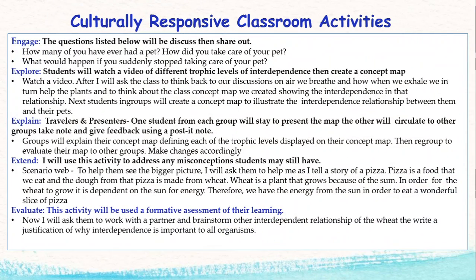Culturally responsive classroom activities are as follows. Engage: the question listed below will be discussed and shared out. Explore: students would watch a video of different trophic levels of interdependence, then create a concept map.